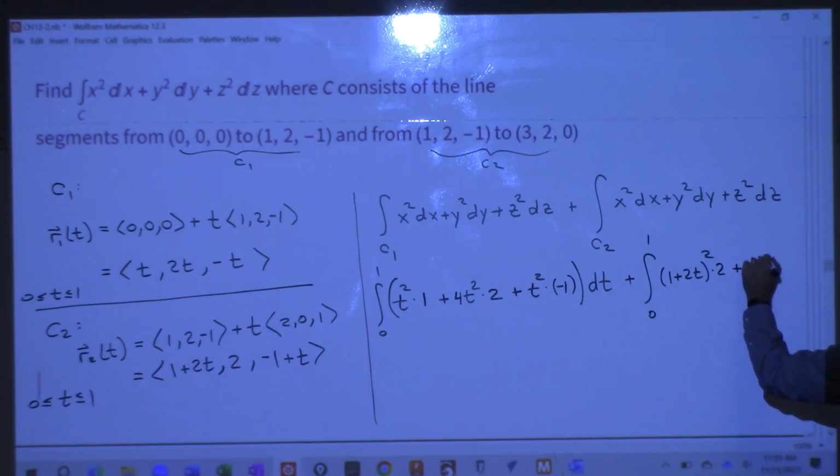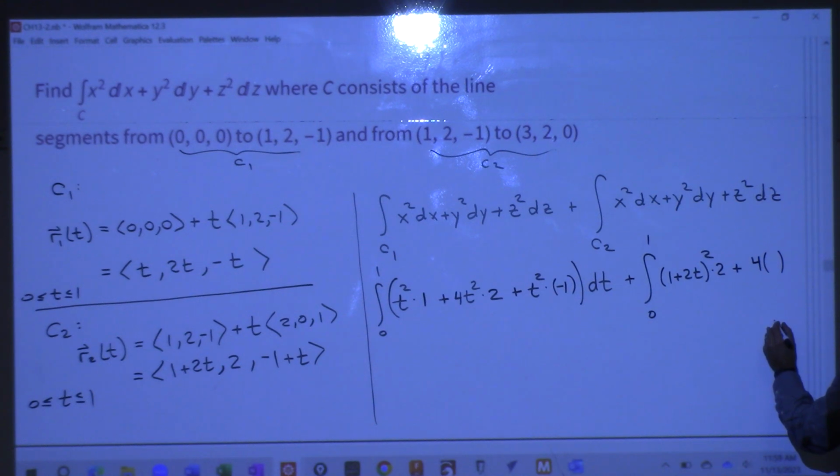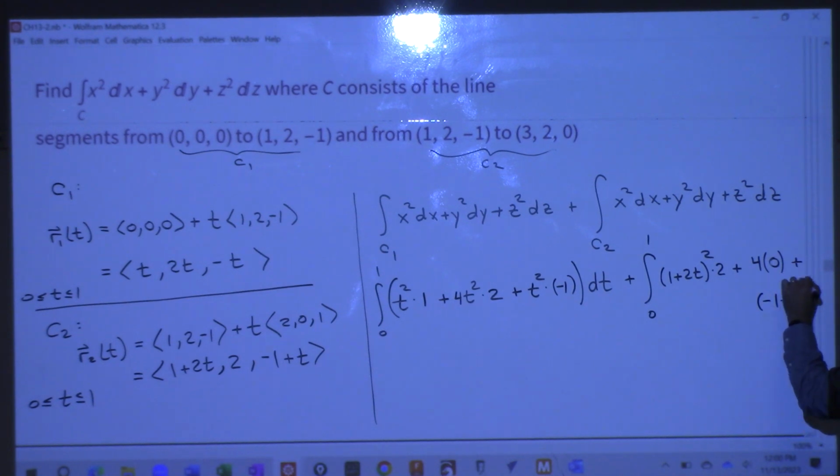plus y squared, 4 times dy, 0, yeah, 0, it's gone. That piece is not going to contribute. And then plus z squared, negative 1 plus t squared times 1, and then all of this dt. x squared dx plus y squared dy plus z squared dz dt.